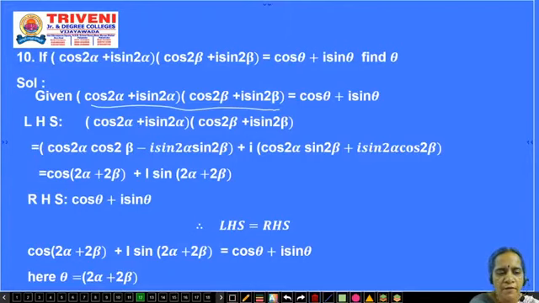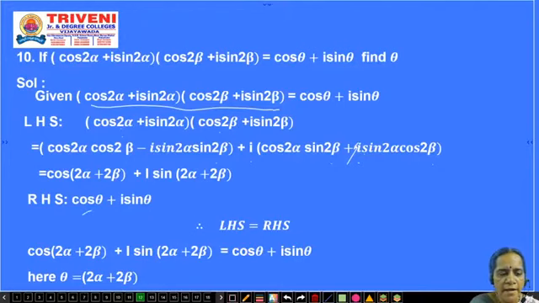Cos 2 alpha into cos 2 beta, minus sin 2 alpha sin 2 beta, plus i into cos 2 alpha sin 2 beta plus sin 2 alpha cos 2 beta. Then cos A cos B minus sin A sin B, plus i into sin of 2 alpha plus 2 beta. That can be written as cos of 2 alpha plus beta plus i into sin of 2 alpha plus beta.